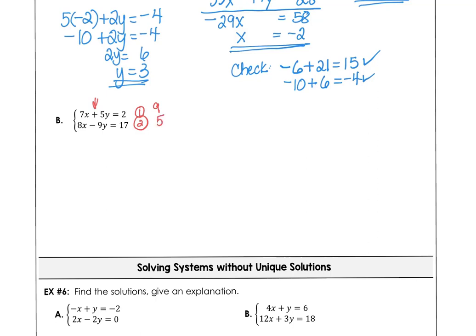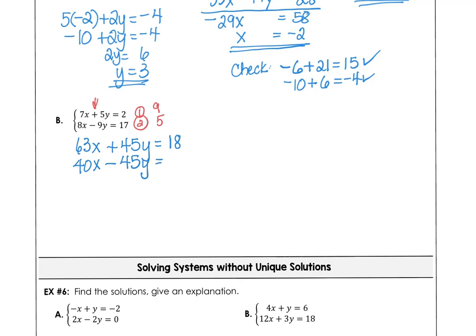That would give us 45 and negative 45. So 9 times 7 is 63. 9 times 5 is 45. 9 times 2 is 18. 8 times 5 is 40 on the x. Negative 9 times positive 5 is negative 45.